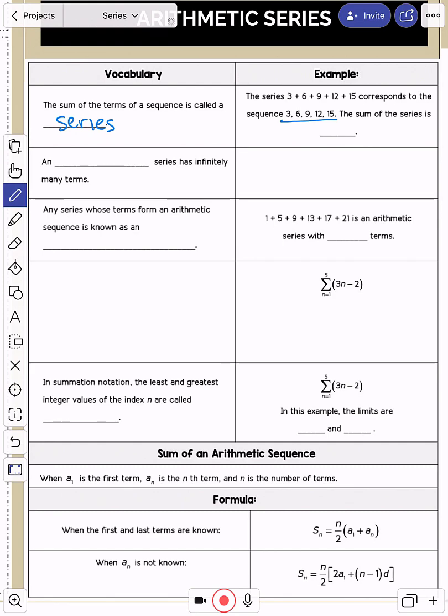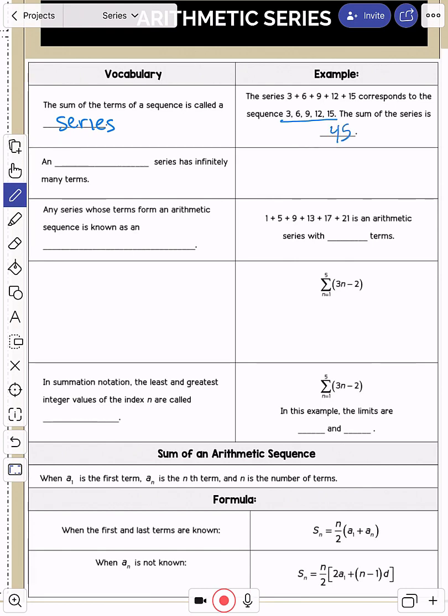In this particular case, the sum of this series, which has 1, 2, 3, 4, 5 terms, is just adding them up. 3 plus 6 is 9, plus 9 is 18, plus 12 is 30, plus 15 is 45.